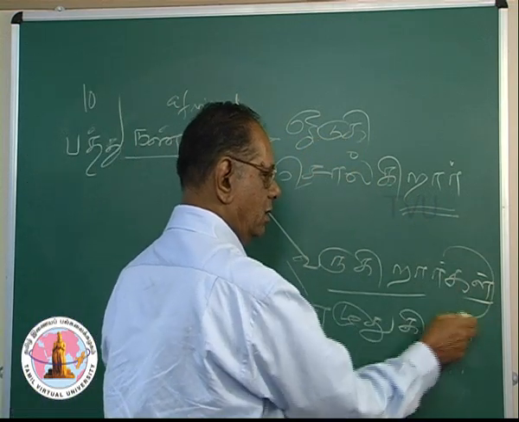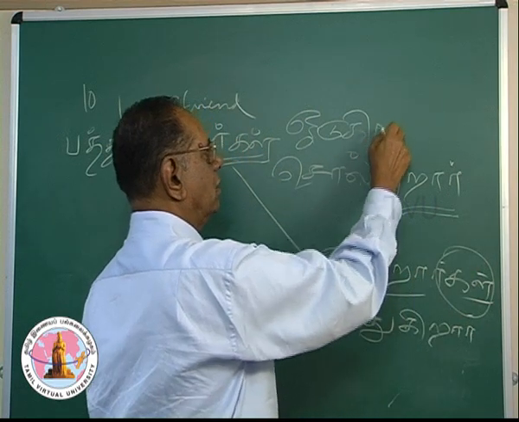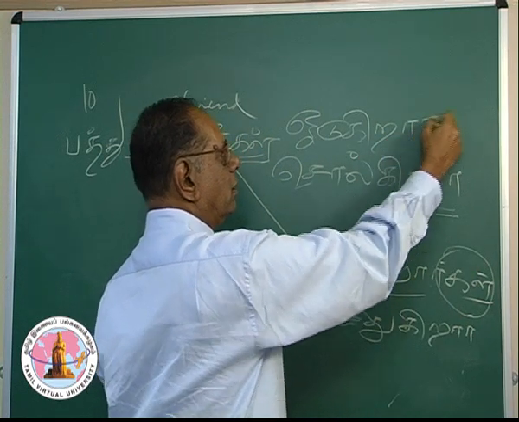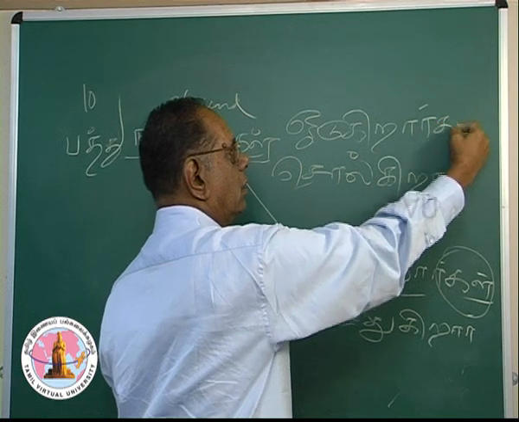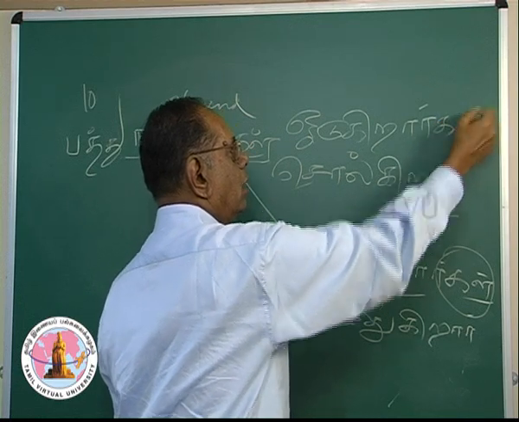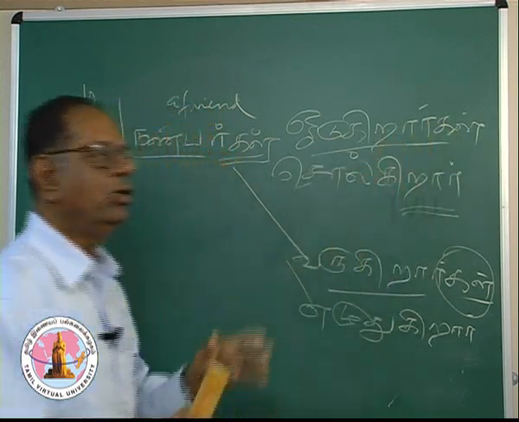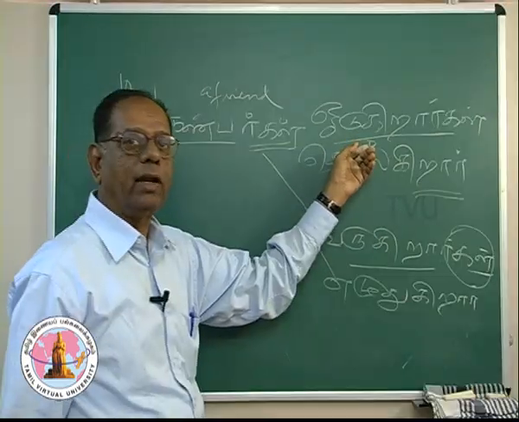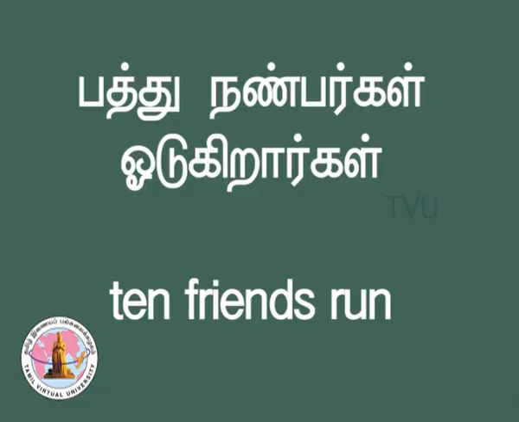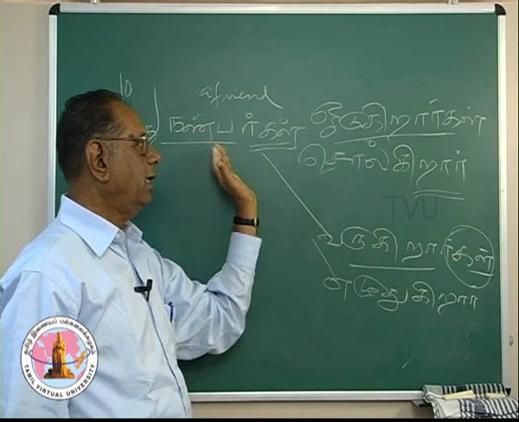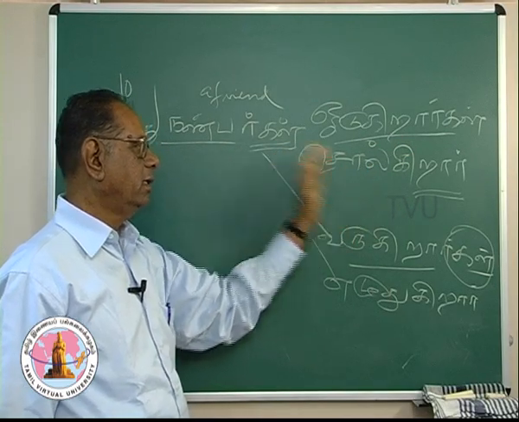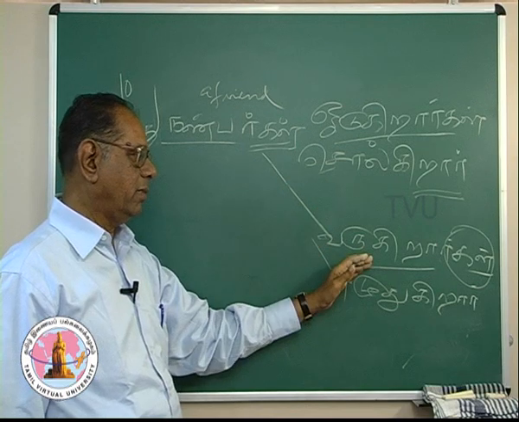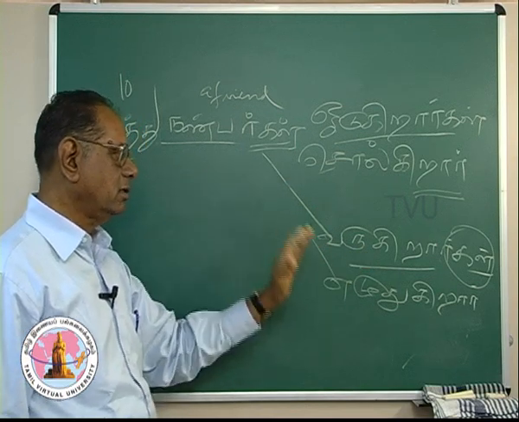You have to add this plural suffix. ஓடுகிறார்கள். ஓடு is to run. 10 நண்பர்கள் ஓடுகிறார்கள். 10 friends run. 10 friends say. 10 friends come. 10 friends ride.